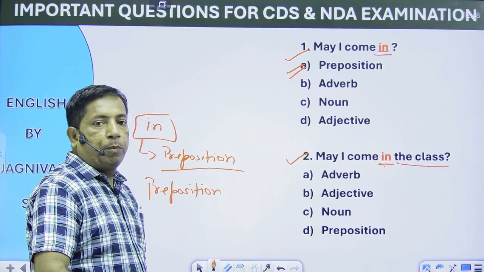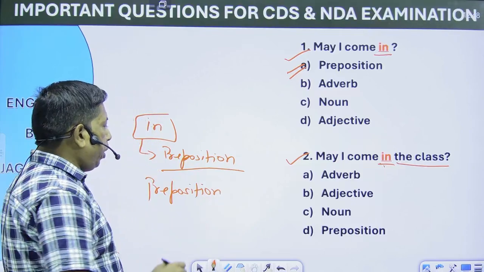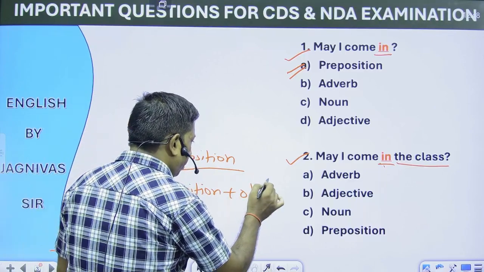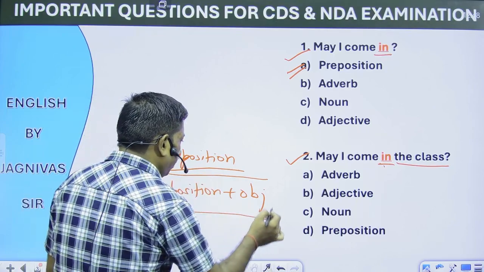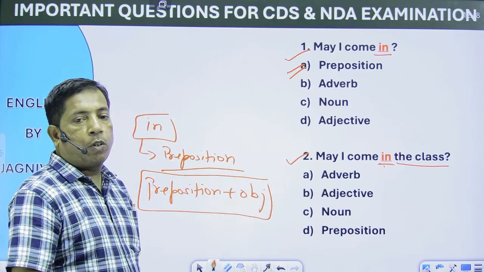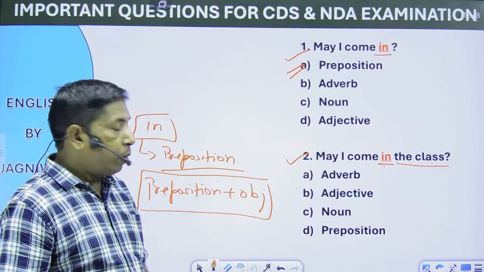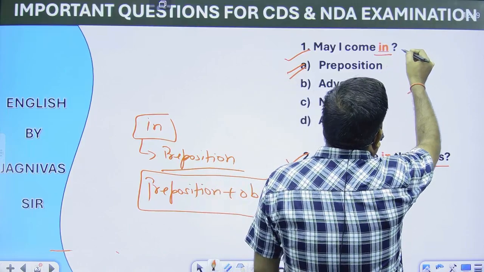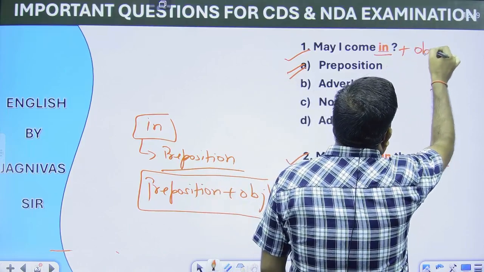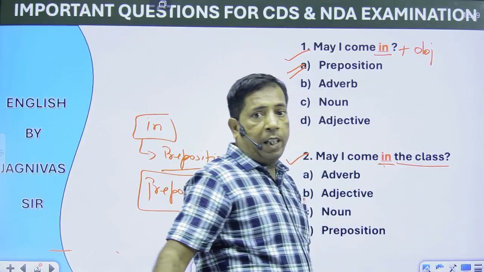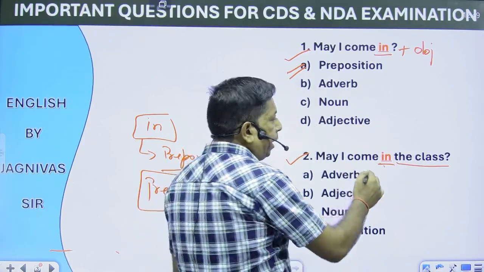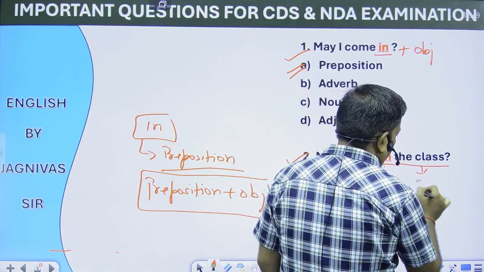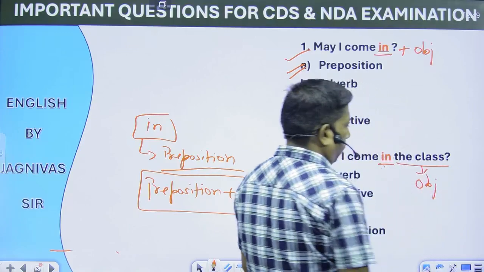There's a basic rule of prepositions: you cannot write a preposition without its object. But here you can see that in does not have any object. In this sentence, you can see that in has an object, and what is it? In the class.